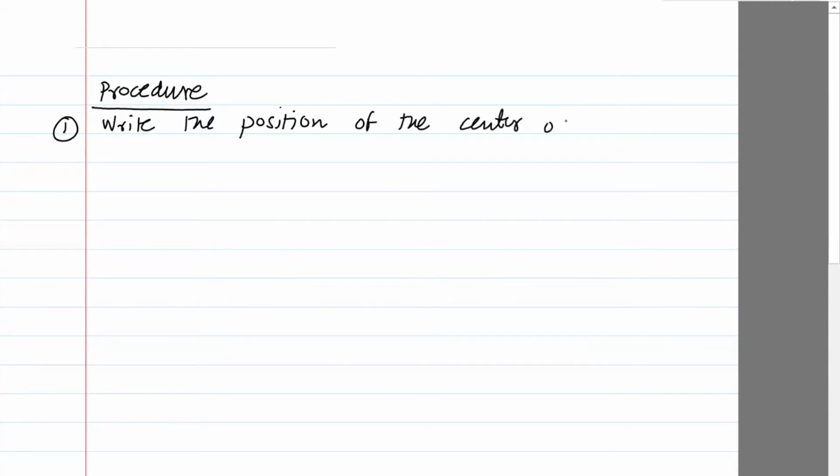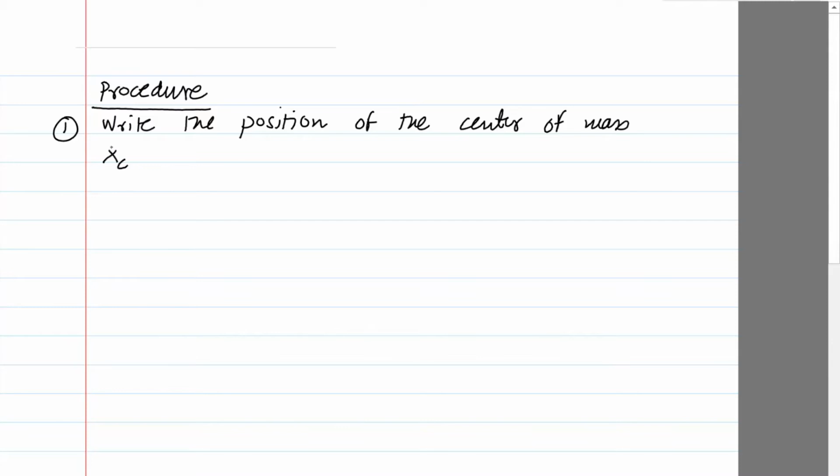Okay, so if it's a link like a pendulum, then there's a center of mass. If it's just a point mass body, like say a ball, then that point mass is actually the center of mass. So write the position of the center of mass.